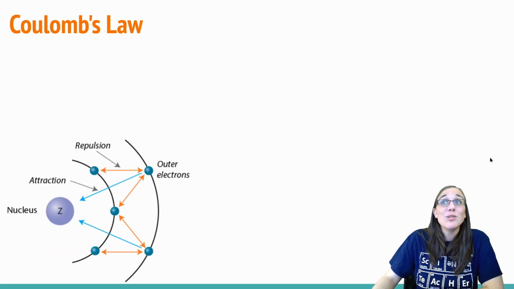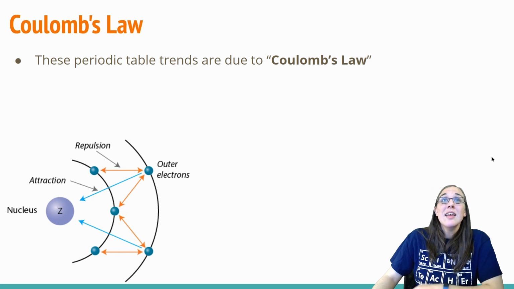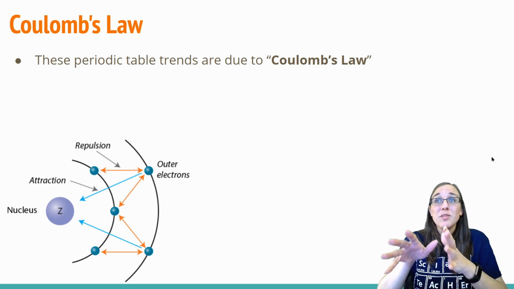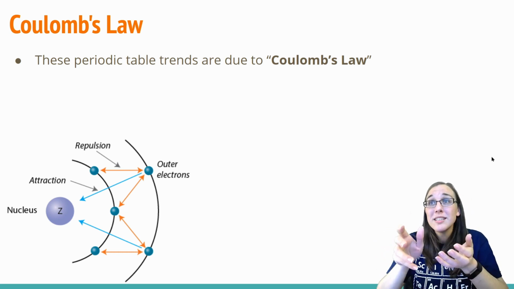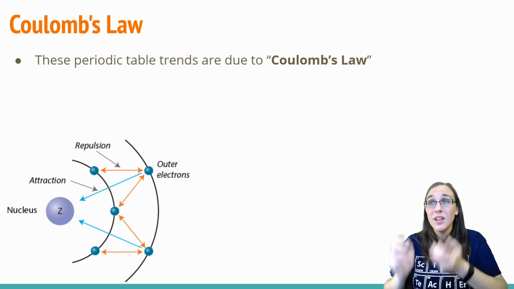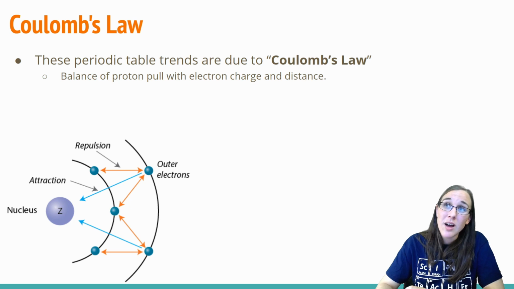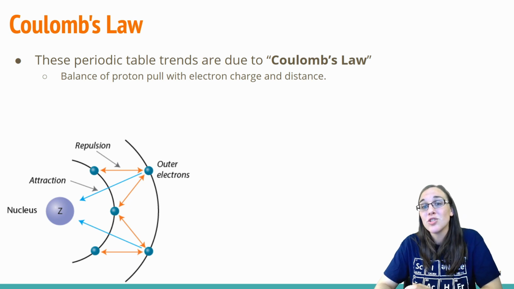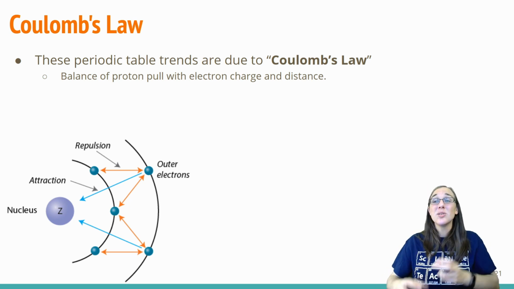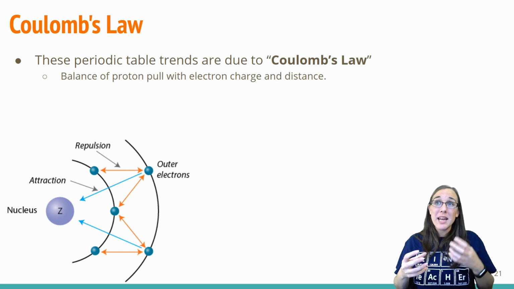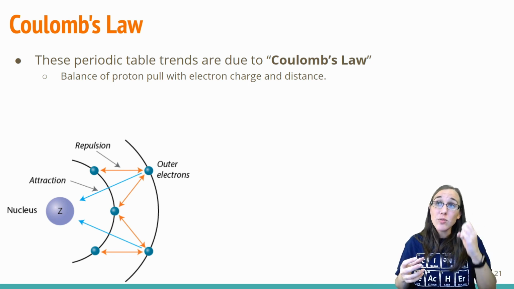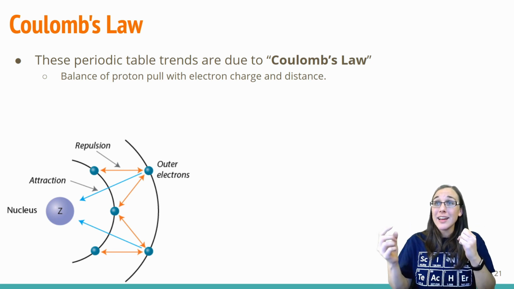That brings us now to Coulomb's law. All of these periodic table trends we've been talking about are due to this fact called Coulomb's law. Coulomb's law is basically how the proton will pull on the electron charge and distance. So this is that balance between a proton's pull in the nucleus of an atom on an electron somewhere within the electron cloud.